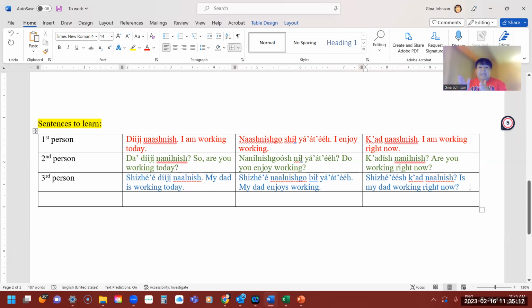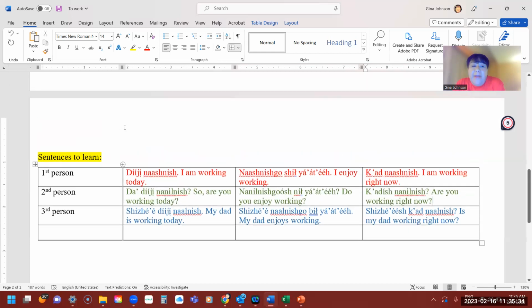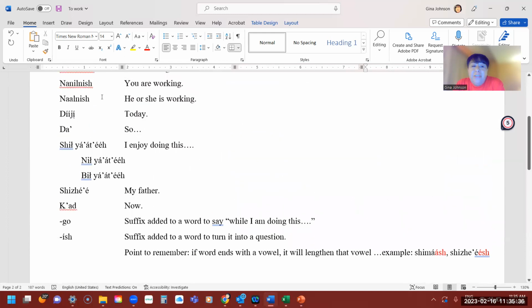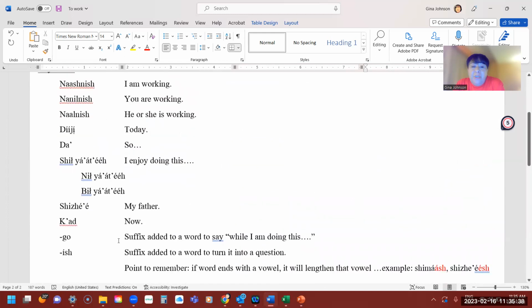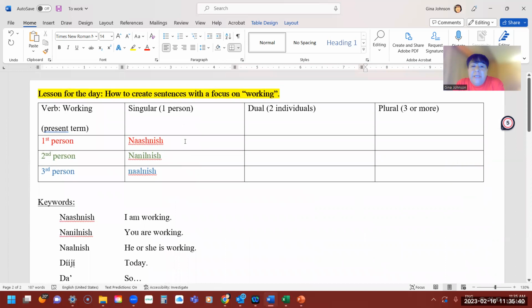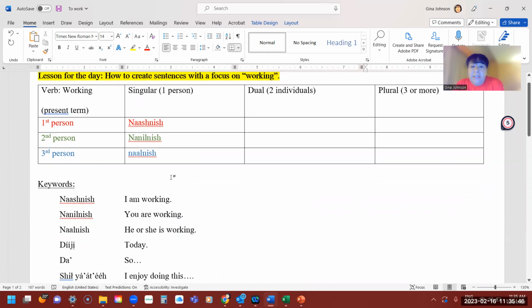These are basic phrases that you can actually start to use today. You can start utilizing some of these terms. You can shift them around to learn the different kinds of phrases you can add as you're learning the key words here, using the present term for working: noshnish, nanilnish, nalnish.